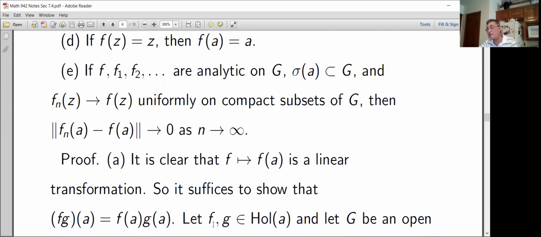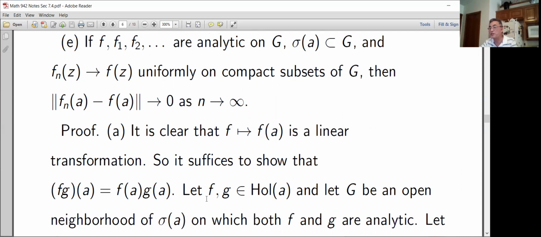So let f and g be in HOL of A. That means they are analytic in the neighborhood of the spectrum of A. And let G be an open neighborhood of sigma of A on which f and g are analytic. Here, f is defined in a neighborhood and g is also defined in a neighborhood of sigma A, so f and g are both defined in the intersection of the two neighborhoods.